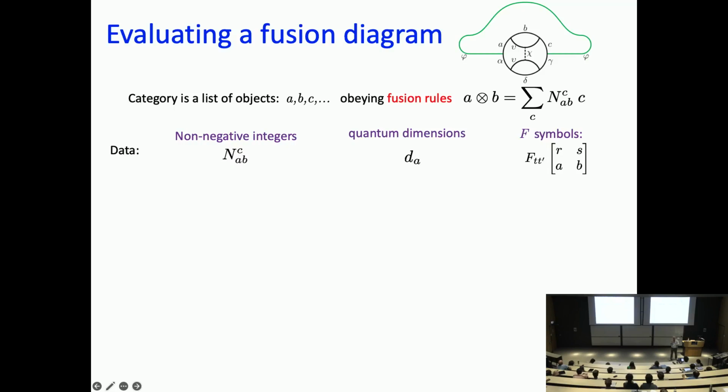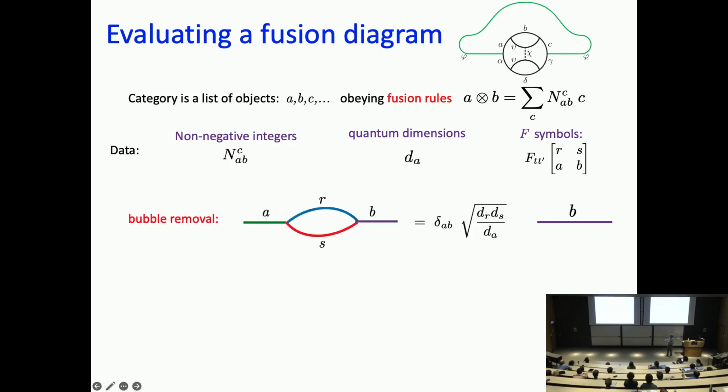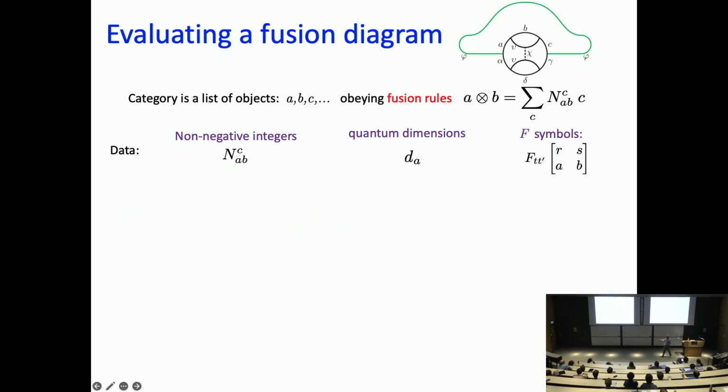So, okay, this is just one slide. I just want to give you a very quick overview of what this is. Basically, a fusion category is a set of objects, A, B, C, just a bunch of things; it has to be finite, but it doesn't really matter. And they satisfy these fusion rules.